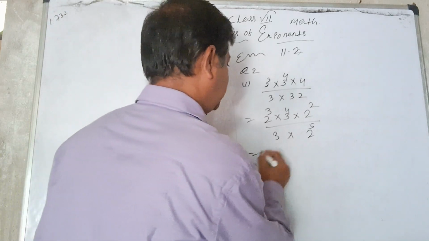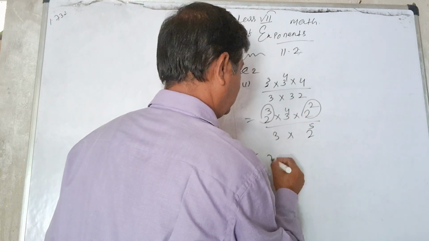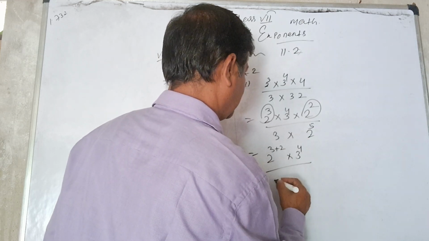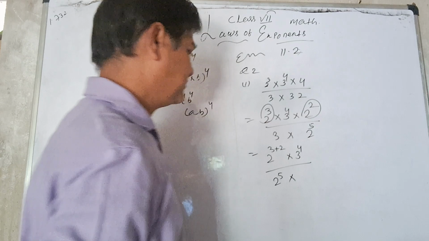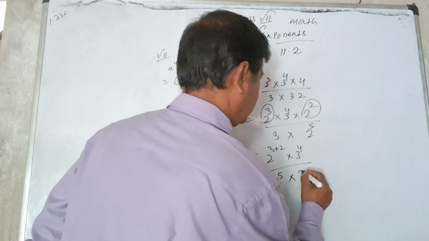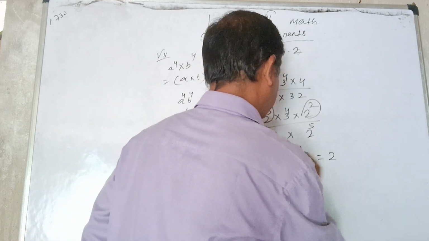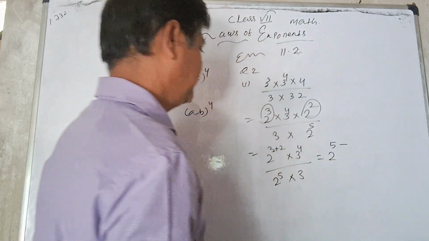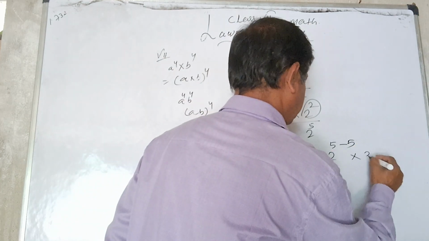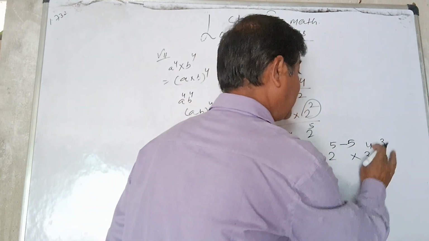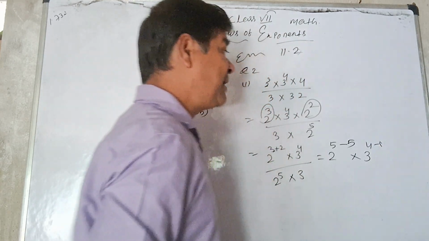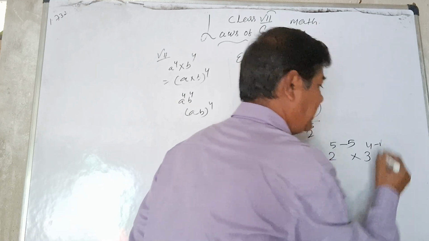What will be the answer? Here 2 to the power 3, plus 2, into 3 to the power 4, divided by 2 to the power 5 into only 3. The answer will be 2 to the power 3 plus 2 minus 5, into 3 to the power 4 minus 1, because here only 3 means 3 to the power 1, and the powers subtract.